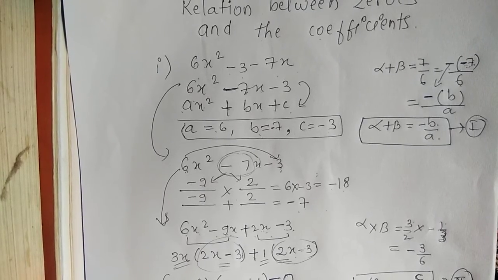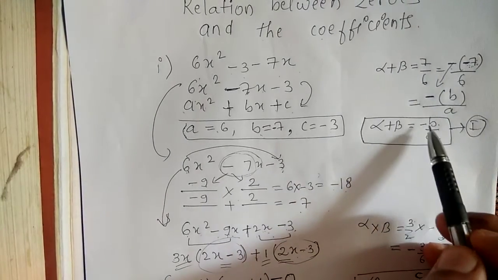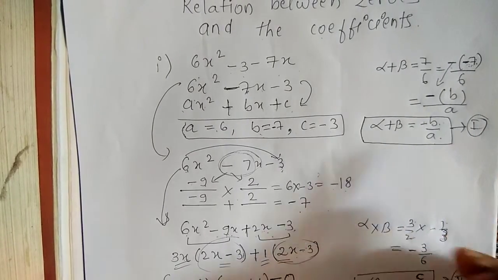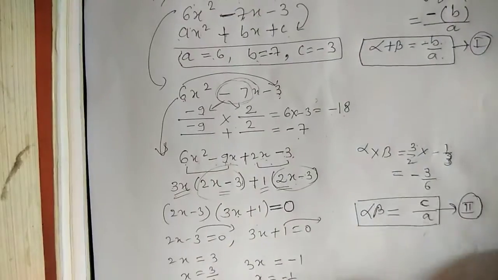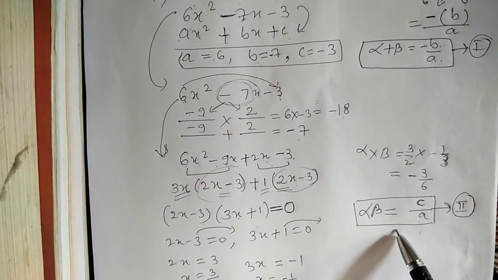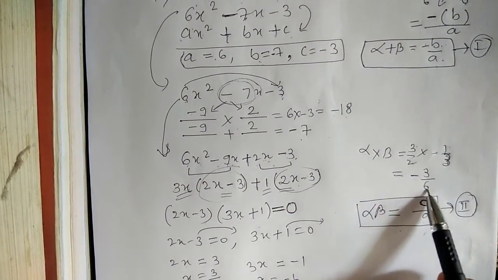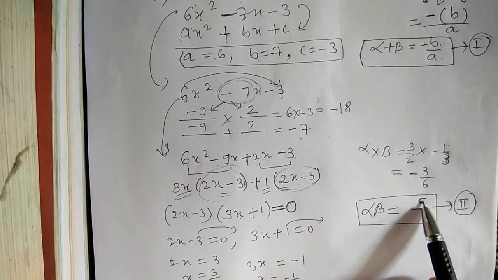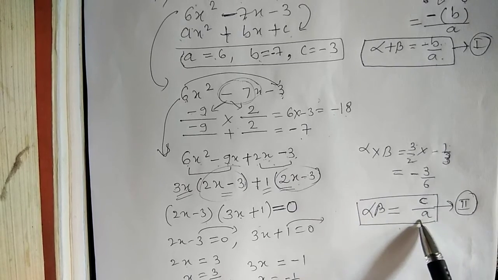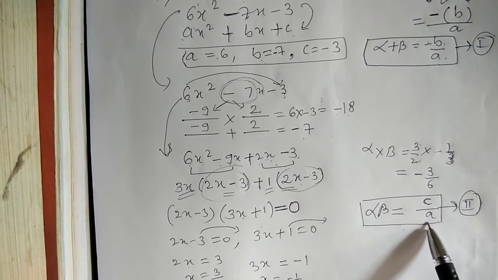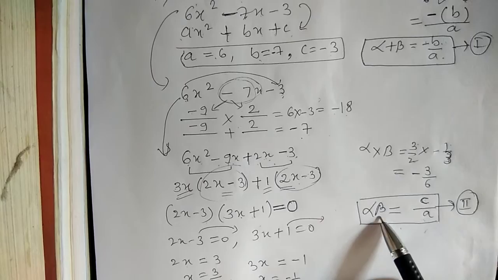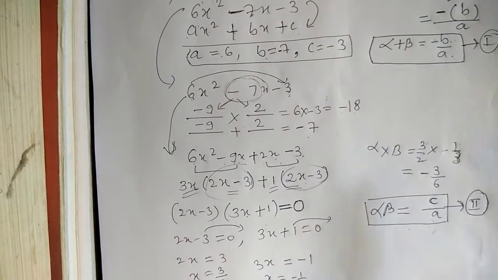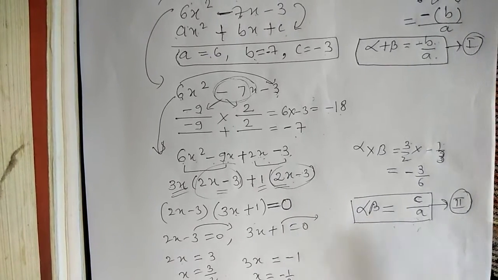So we get sum of roots as minus of coefficient of x upon coefficient of x square. Similarly, alpha into beta will be minus 3 by 6, where minus 3 is the value of c and 6 is the value of a. So alpha into beta is c by a. So sum of roots is minus b by a, and the product of roots is c by a.